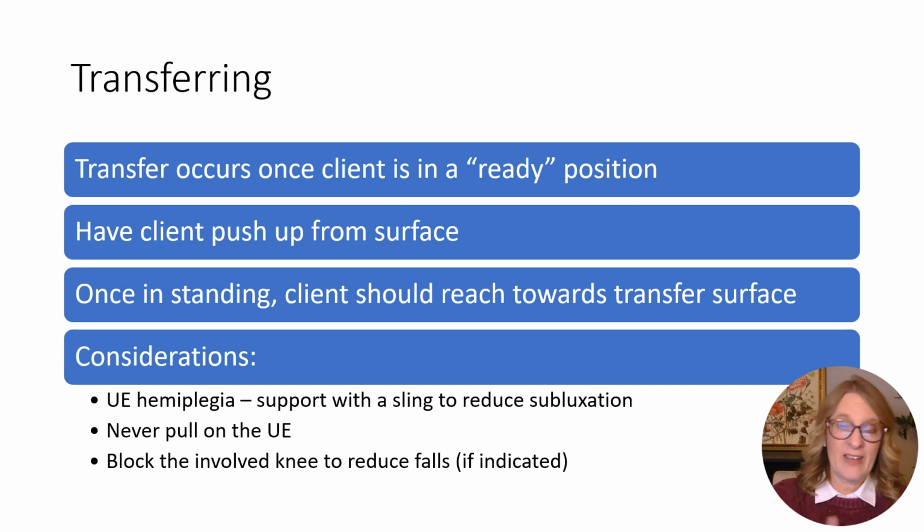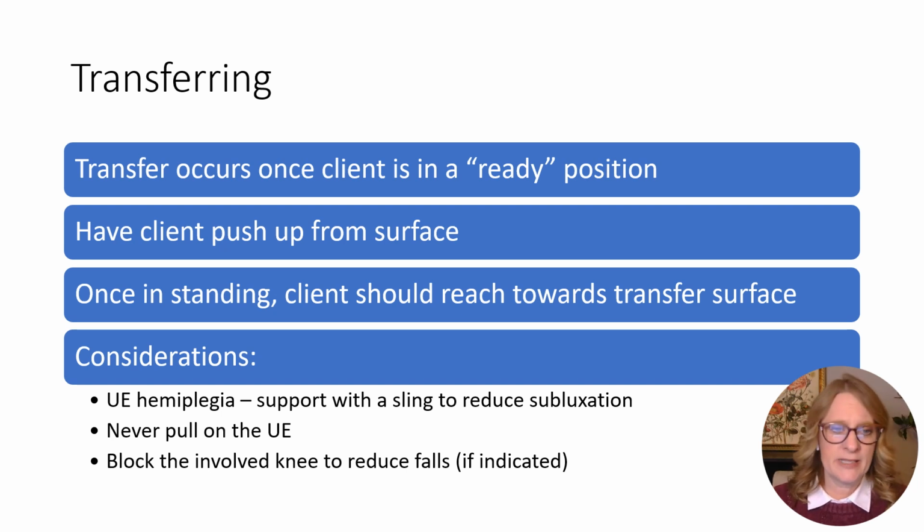If their affected extremity is able to participate in that or be safe and stable, if there's a sublux, usually not, but if they're able to use the affected arm, even if it's safe for it just to be on the bed, we want to encourage that. And so once you're in standing, the client should reach toward the transfer surface.